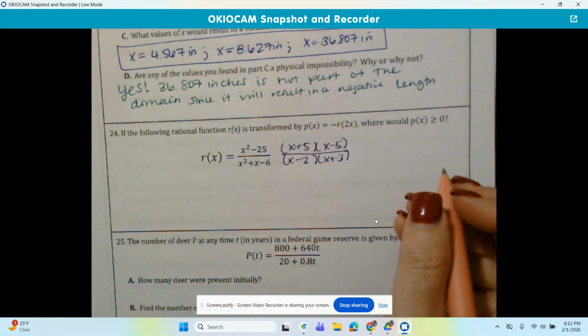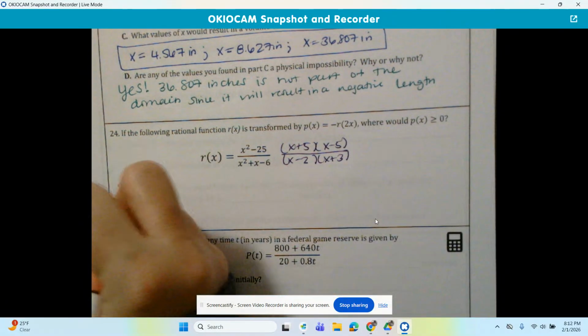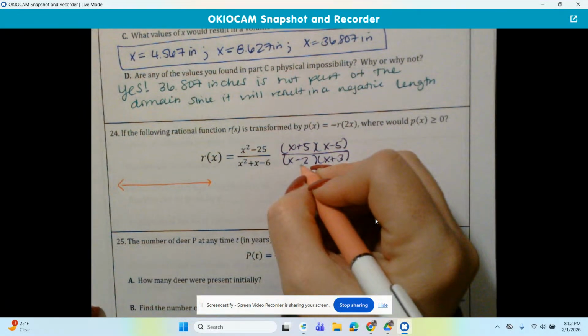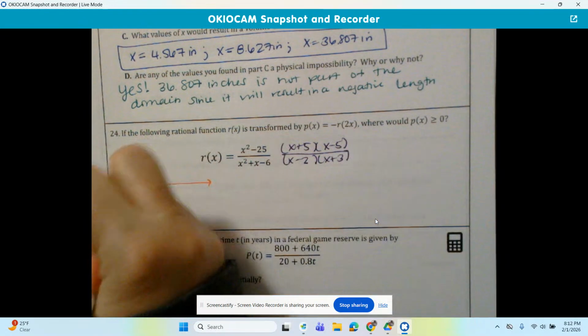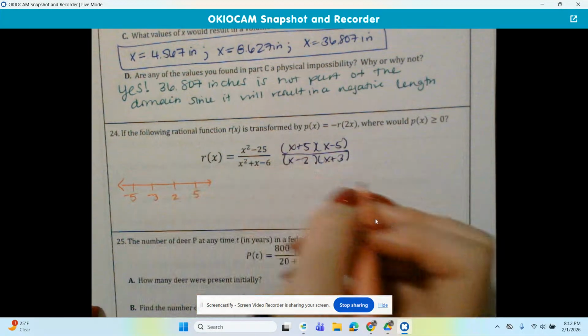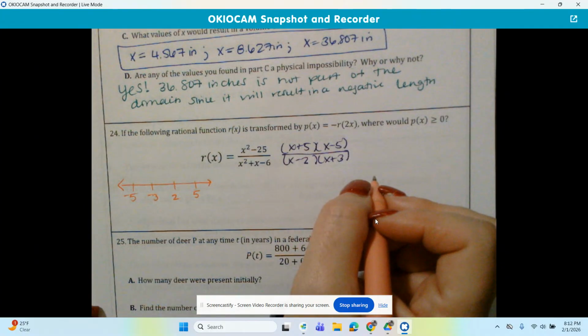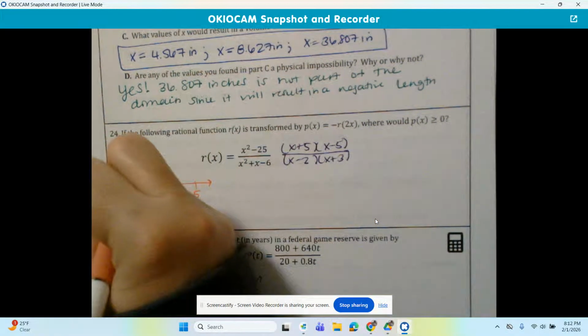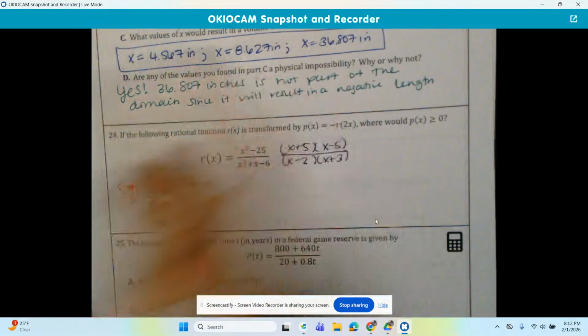All right, so that would give us, on our sign analysis, -5, +5, -3, and +2. So -5, -3, +2, and +5. 2 and -3 are our asymptotes, and 5s are our zeros.